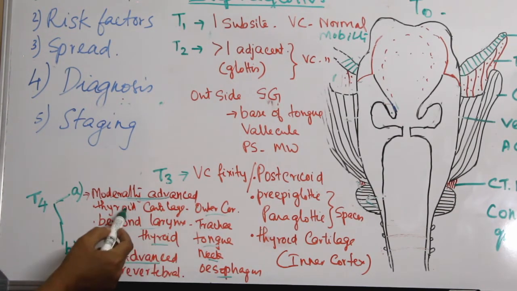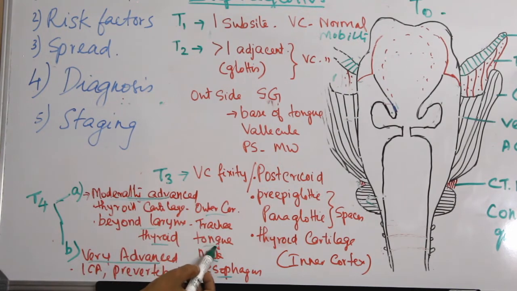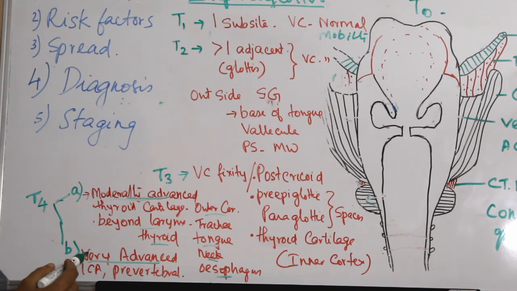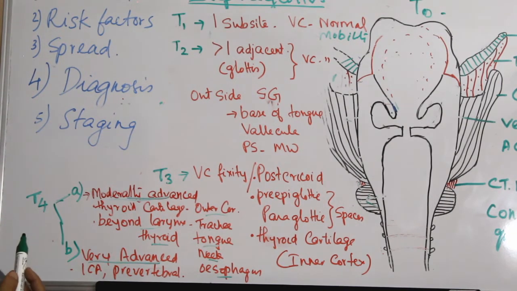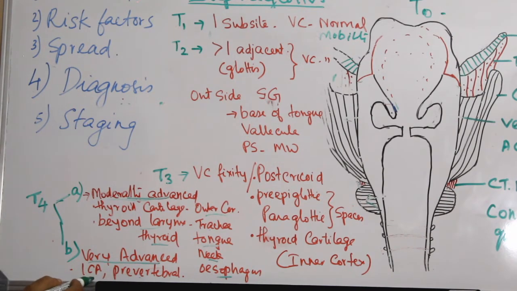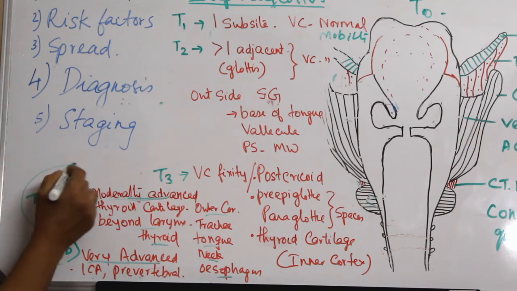So, outer cortex of thyroid cartilage and structures beyond the larynx like trachea, or soft tissues of the neck including the deep extrinsic muscles of the tongue or strap muscles of neck, thyroid cartilage and esophagus. And T4B is very advanced local disease like tumor invading the prevertebral space, then encasing the carotid artery, or invading the mediastinal structures.